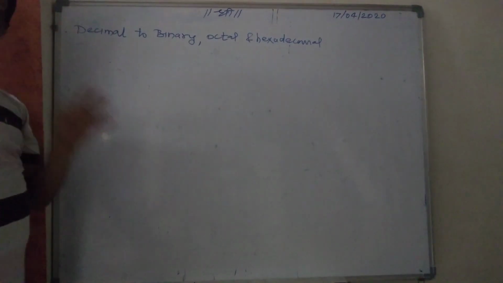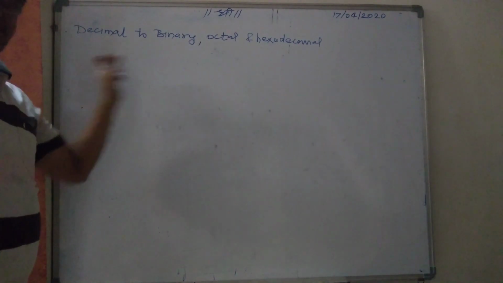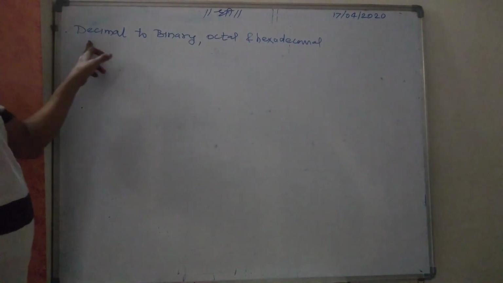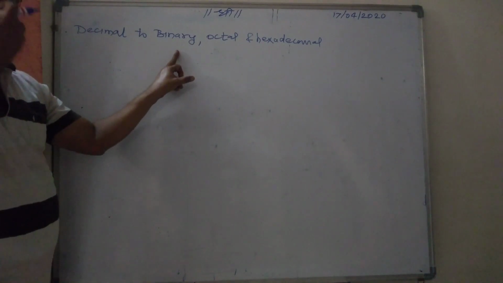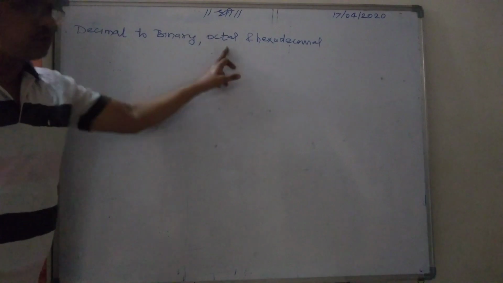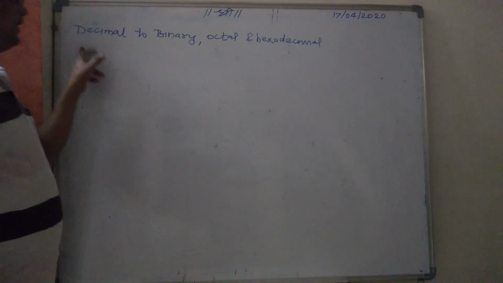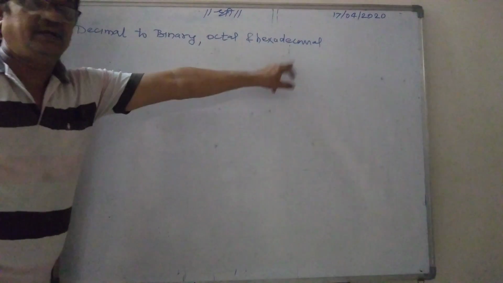Today I will again refresh this with one numerical: decimal to binary, immediately followed by binary to decimal, then decimal to octal, immediately octal to decimal, decimal to hexadecimal and hexadecimal to decimal.